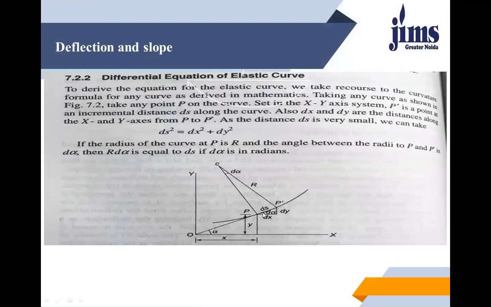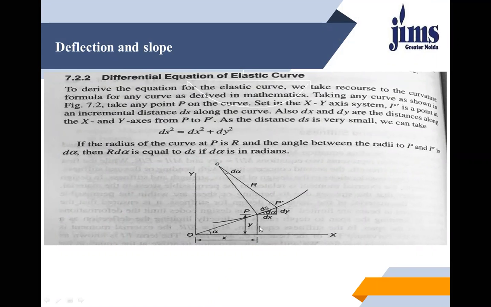If the beam is deflected like this, and I take a point P and P dash, P is the original point on the curve and P dash is the point after deflection.